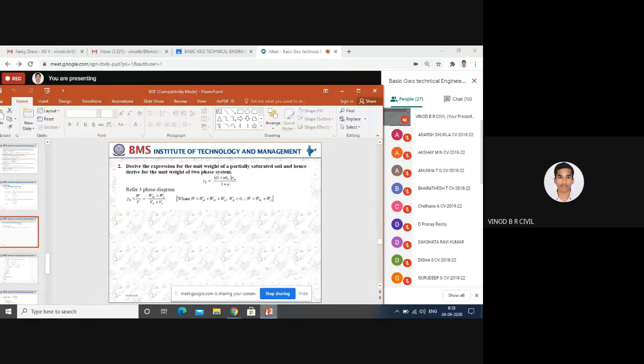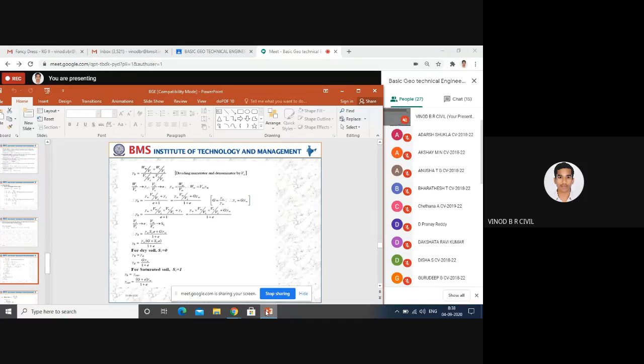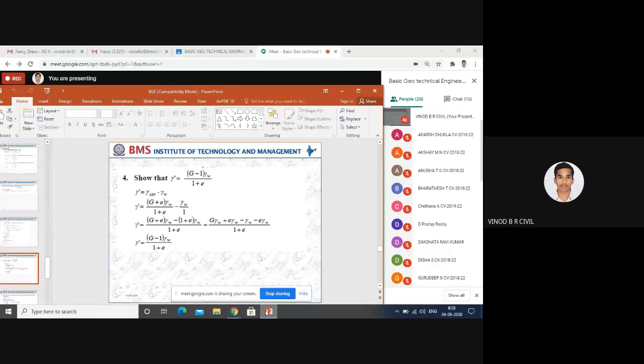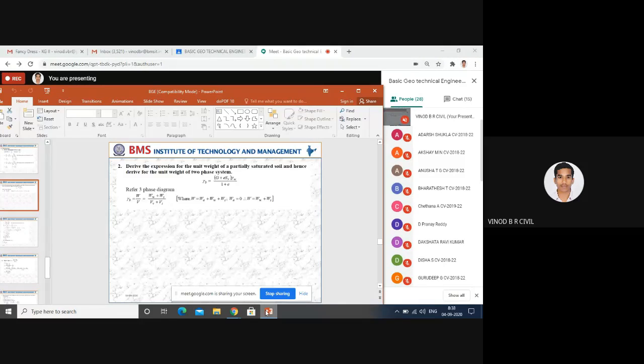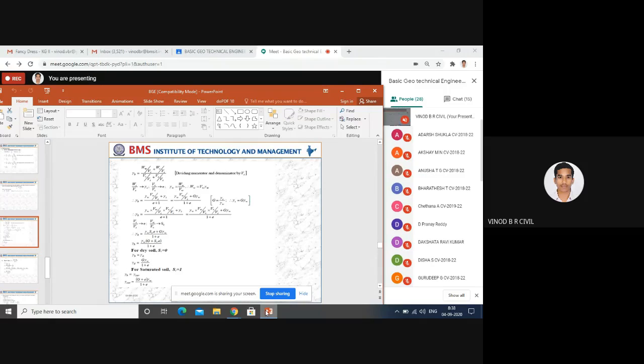See, weight of soil divided by volume of soil, that is Ws divided by Vs, plus volume of voids divided by volume of soil, plus volume of soil divided by volume of soil, that is Vs divided by Vs. Now Vs gets cancelled, that is 1.